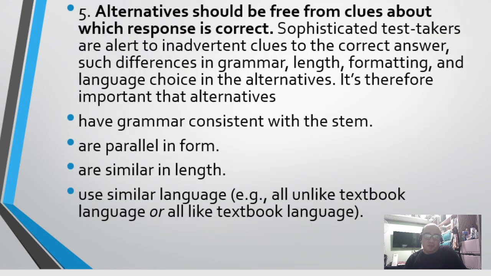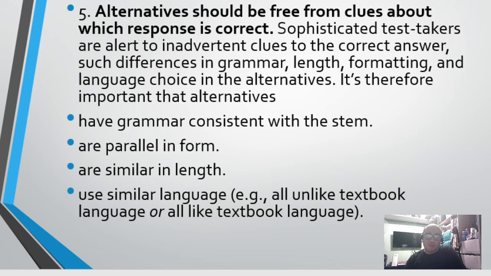Alternatives should be free from clues about which response is correct. So we should bear in mind that test takers are alert to inadvertent clues to the correct answer. So such differences in grammar, length, formatting, and language might be a clue for them to easily select the best answer.